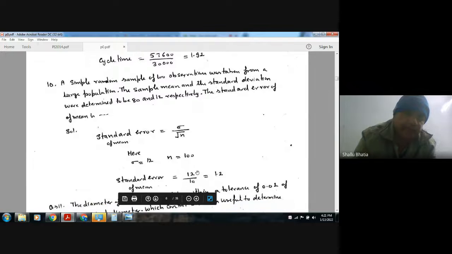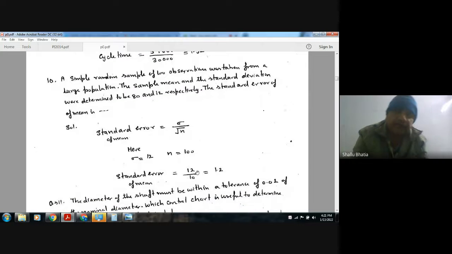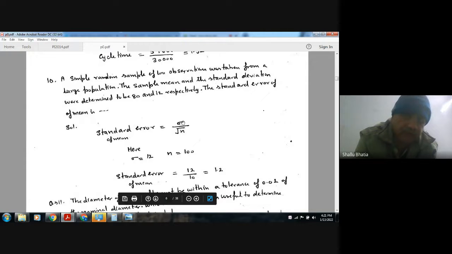A simple random sample of 100 observations was taken from a large population. The sample mean and the standard deviation were determined to be 80 and 12 respectively. The standard error of the mean is given by the standard deviation divided by the root of the number of samples.